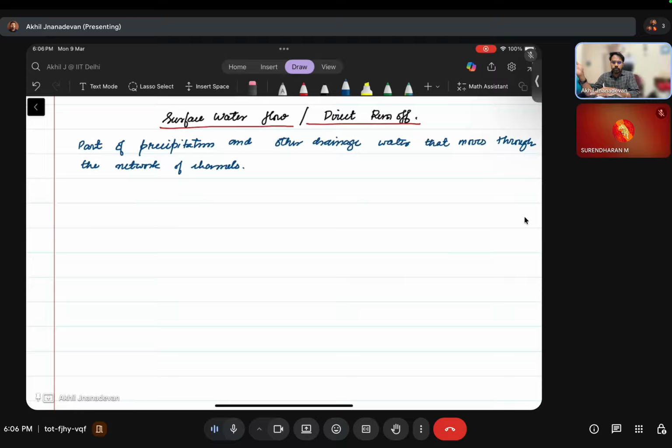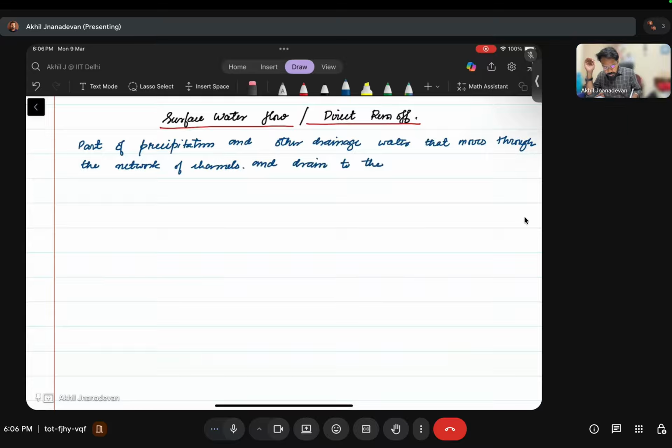Once the overland flow is created, it flows to the streams as a sheet flow and meets the streams, and the stream flow is formed. Once it reaches the streams, its thickness narrows and it forms a network of streams or network of channels. Finally, it drains to the basin outlet, also called the catchment outlet.